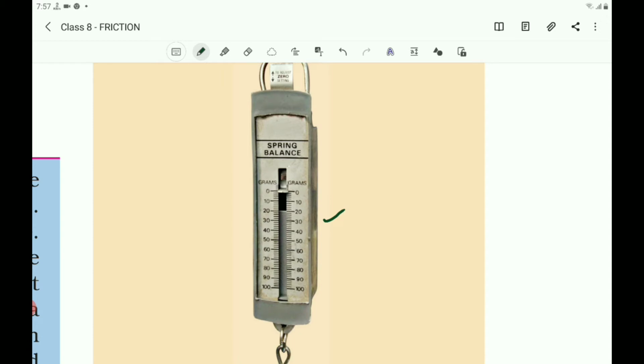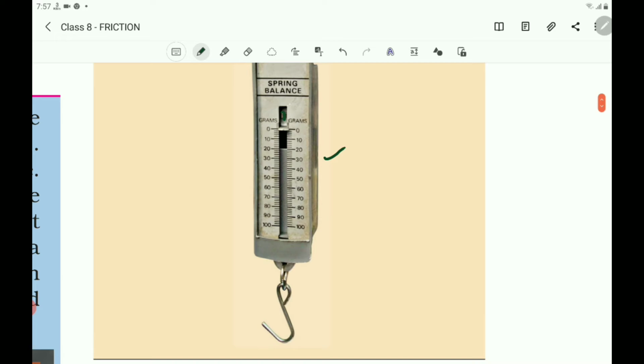It consists of a coiled spring. Here there is a coiled spring which gets stretched when a force is applied to it. If a force or weight is kept on the lower portion of this hook, it will get stretched.